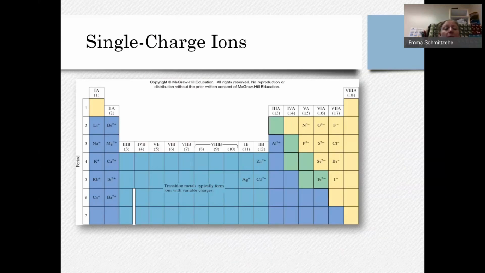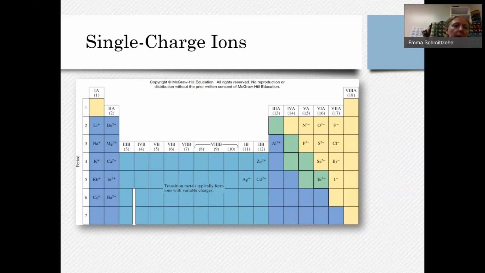Okay, now this is not all of the single charge ions, but these are some really common ones. Others that aren't indicated here are elements that you typically don't run across in, say, an intro or a general chemistry type class. So when you look at this, what you should see is there are patterns to this.